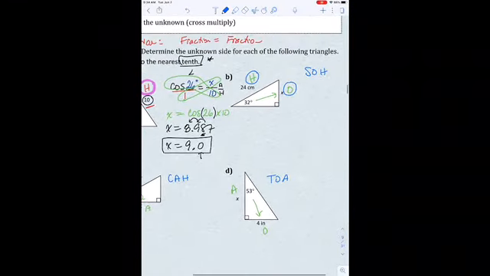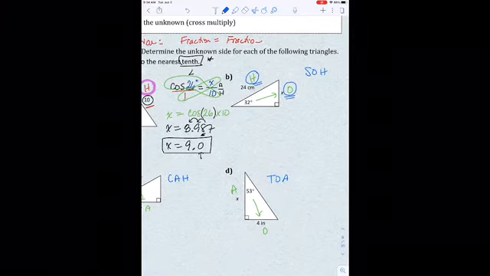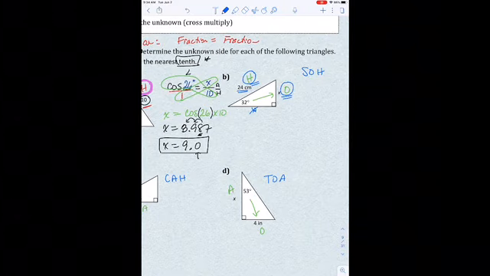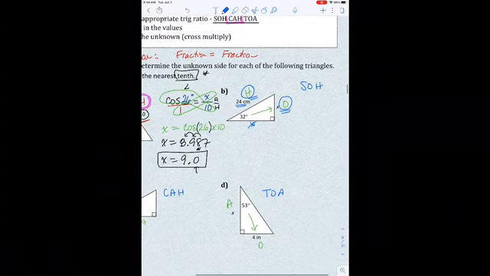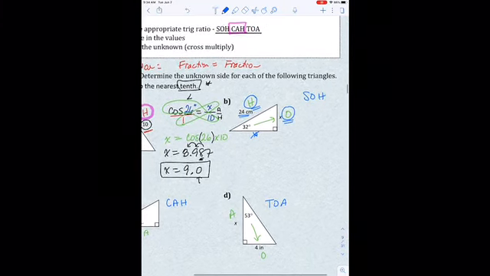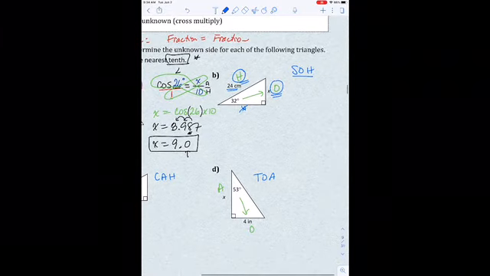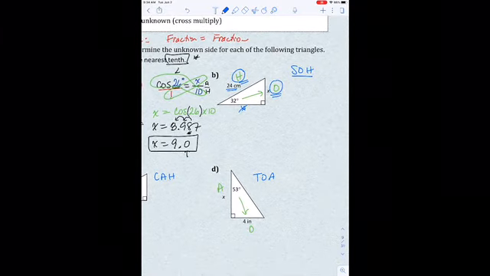Okay, so for question B, we have the opposite side and the hypotenuse, right? We have the opposite that we're looking for, and the hypotenuse is given. I do know this is the adjacent, but I don't need it, don't care. So I'm looking at opposite and hypotenuse. So when I look at my acronym SOHCAHTOA, I know I'm going to need the sine ratio. So I always set these up the same way.